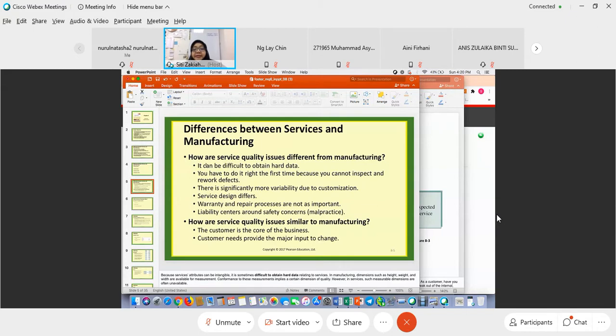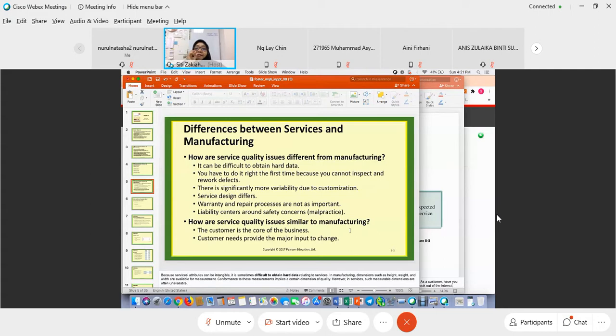Warranty and repair processes are not as important, right? Of course, especially haircut, you want to do it right the first time. The customer gets angry if you don't do it right. Okay, it centers around safety concerns like doctors' malpractice. Imagine you operate on a person and you leave something inside the stomach, right? That's malpractice.